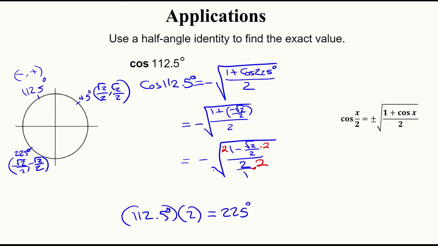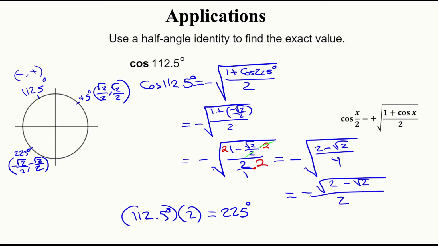So we end up with negative square root of, notice that we have some cancellations here, these two will cancel out, so we end up with 2 minus radical 2 over 2 times 2, which is 4. And of course we can go ahead and split that up, since the square root of 4 is a nice rational number, so we put that over 2, and that will pretty much bring it to an end.